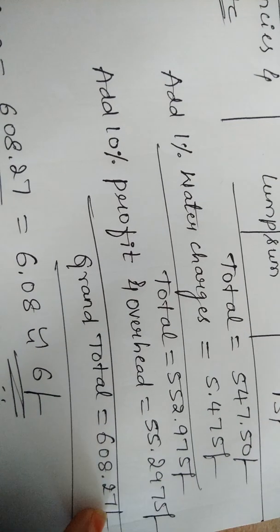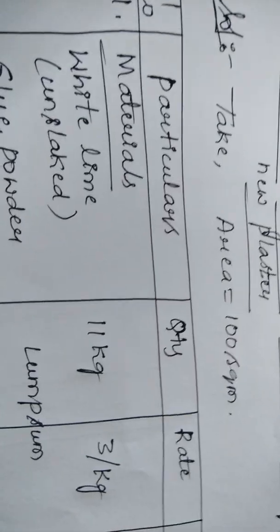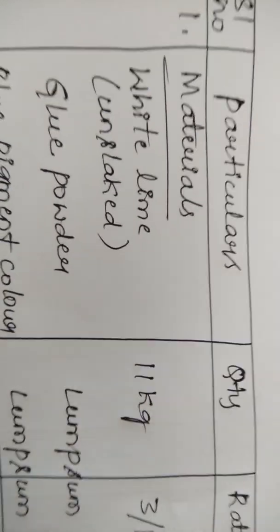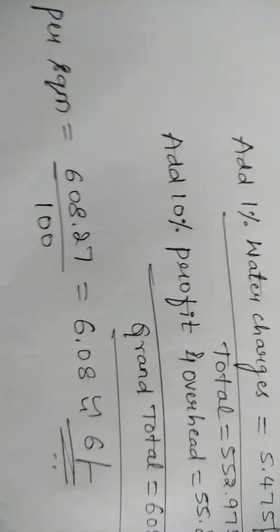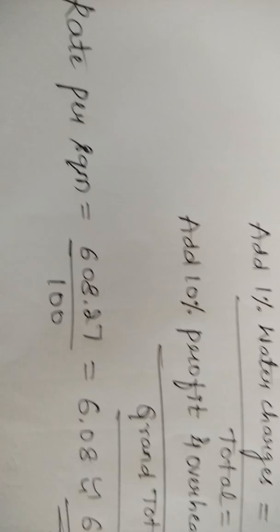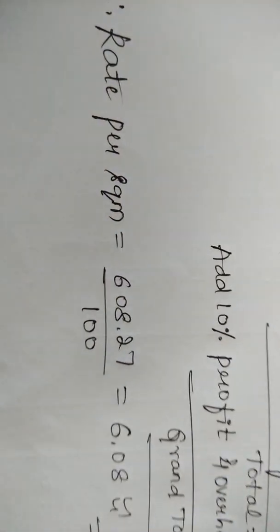Here comes the total amount for applying the whitewash for an area of 100 meters square. If you want to apply the whitewash of one coat for an area of 100 meters square, it hardly costs 608 rupees 27 paise. If this is so, then what will be the rate for 1 meter square of area for applying the whitewash of one coat?